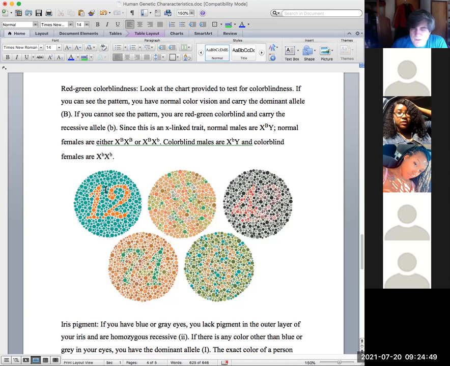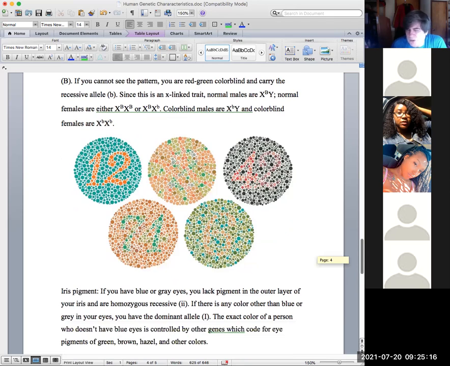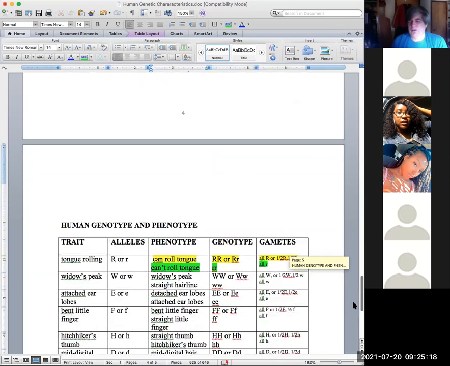You should be able to see a 12 here, and a 42 here, and a 71 here, and a 6 here, and here is just a zigzag pattern, no particular number. People who are colorblind, with this particular type called red-green colorblindness, don't see red and green, they see different shades of gray, essentially.